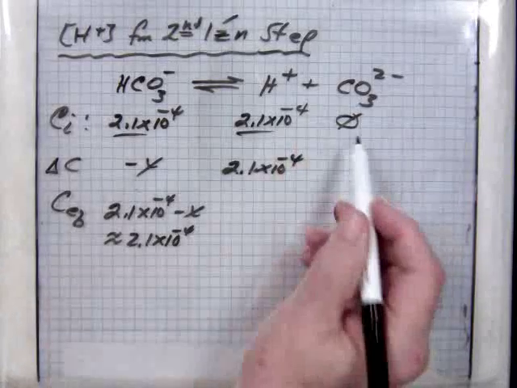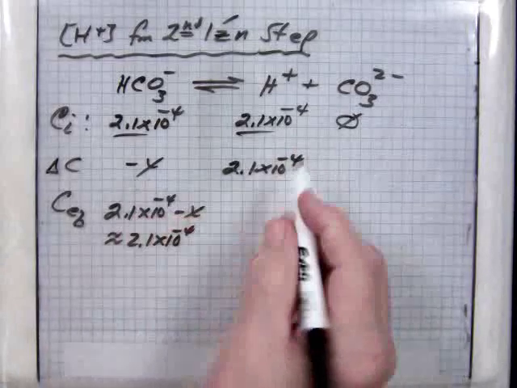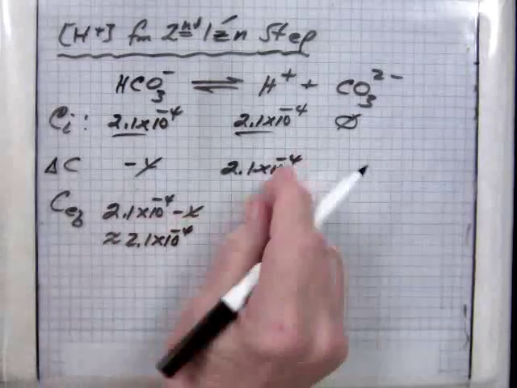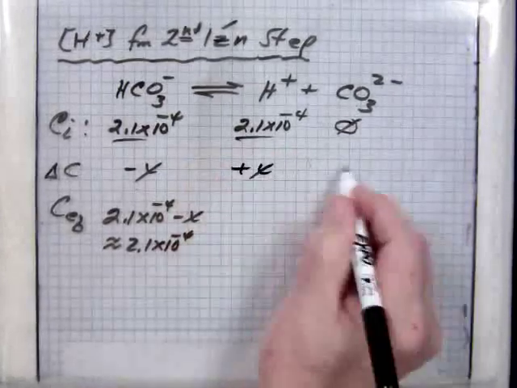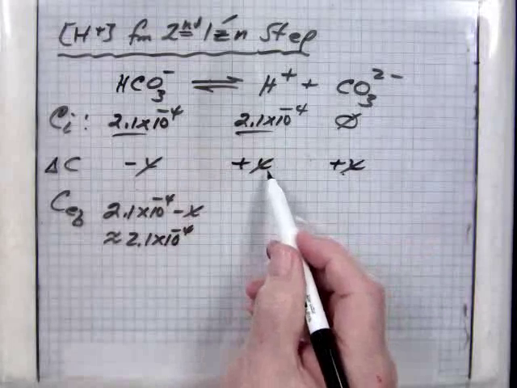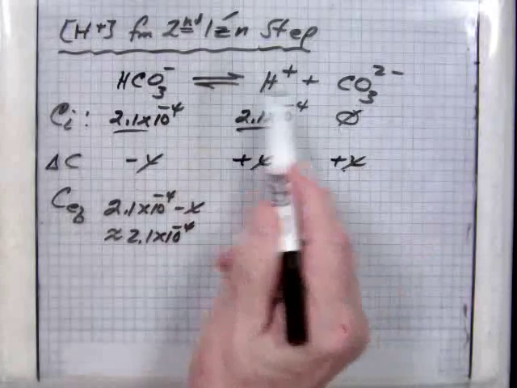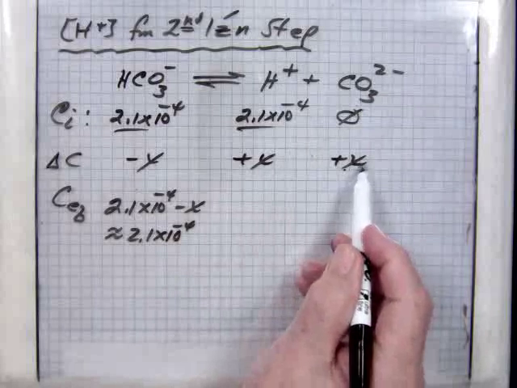So when we get this to 0 over here, this minus X, I'm not at the end yet, plus X. Now, the amount of X that's going to be delivered in hydroniums from the second ionization step will be equal to the amount of X delivered in the carbonate.